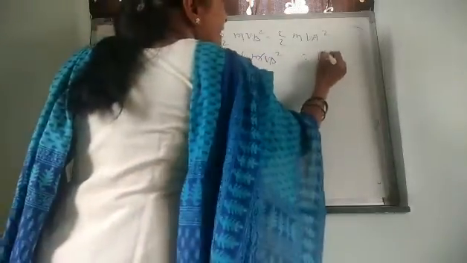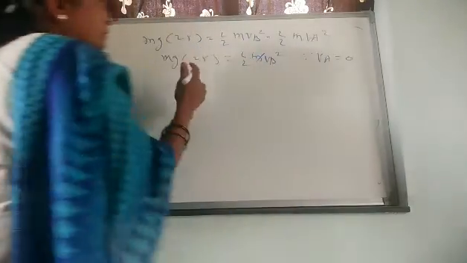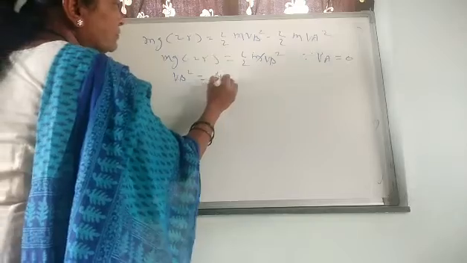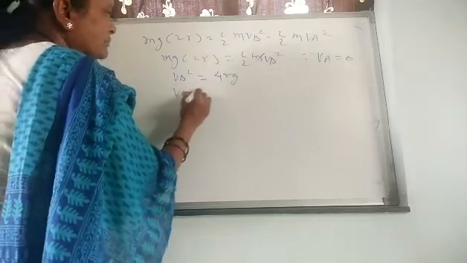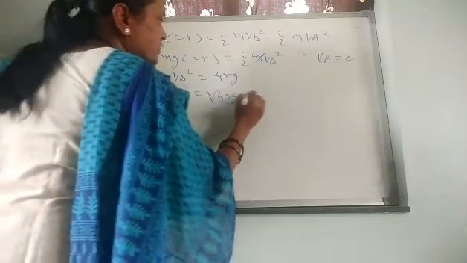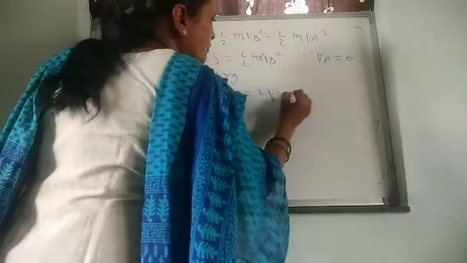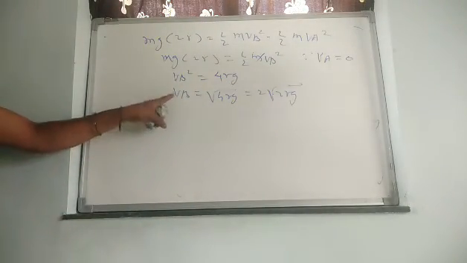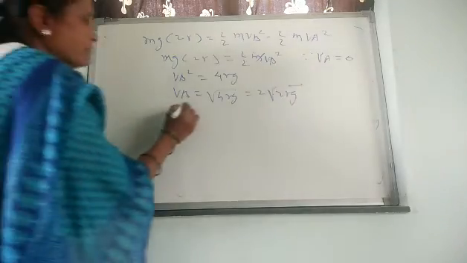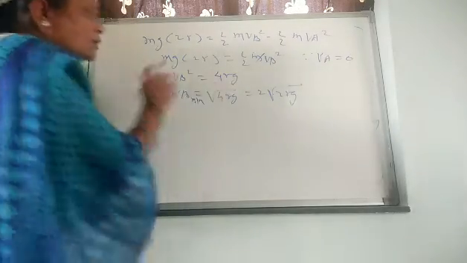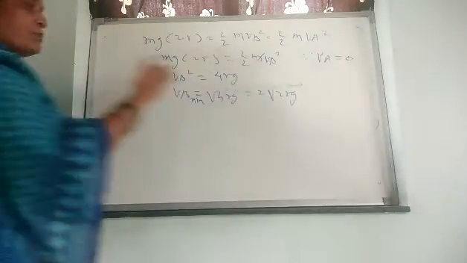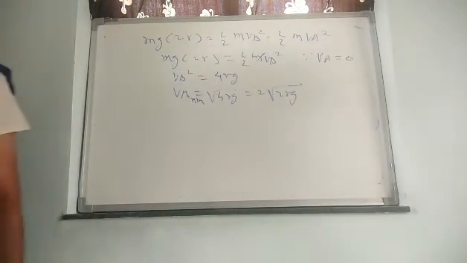Since Va is equal to 0, you get Vb square is equal to 4rg. That means Vb is equal to under root 4rg, or 2 root of rg. This is the velocity at the lowest position. At the lowest position, velocity will be equal to under root 4rg. Velocity at the topmost position will be 0.